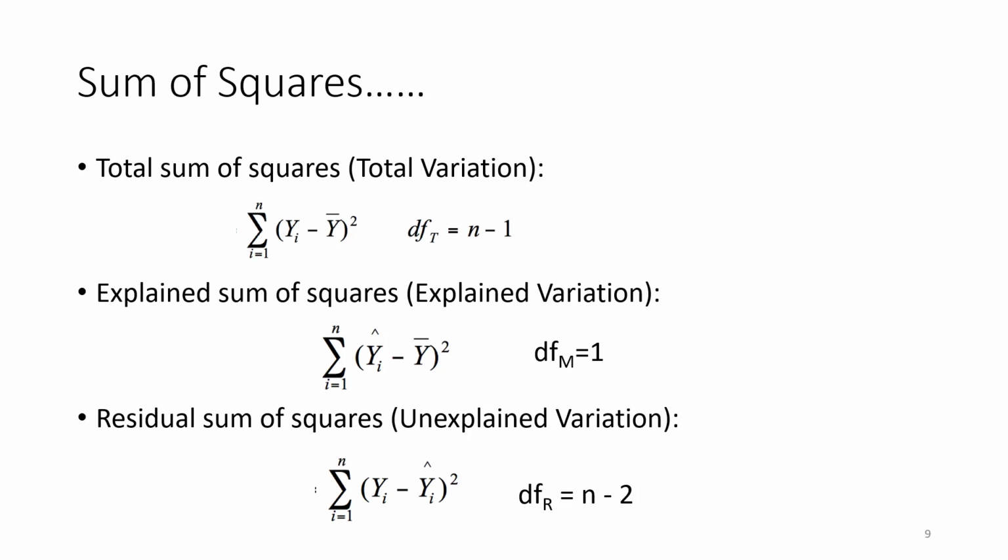And then our third sum of squares is residual sum of squares, or unexplained variation. This is the difference between y observed minus y predicted, those differences squared and summed.